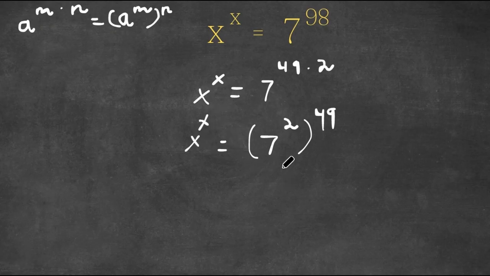Now 7 squared is simply 49. So now we have 49 to the power of 49 is equal to x to the power of x.